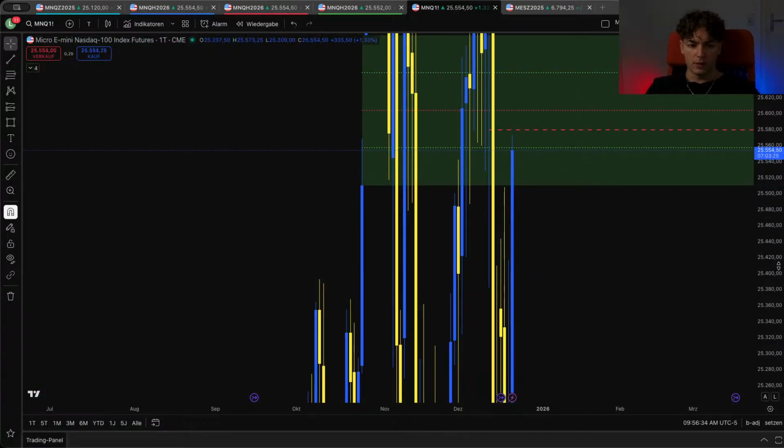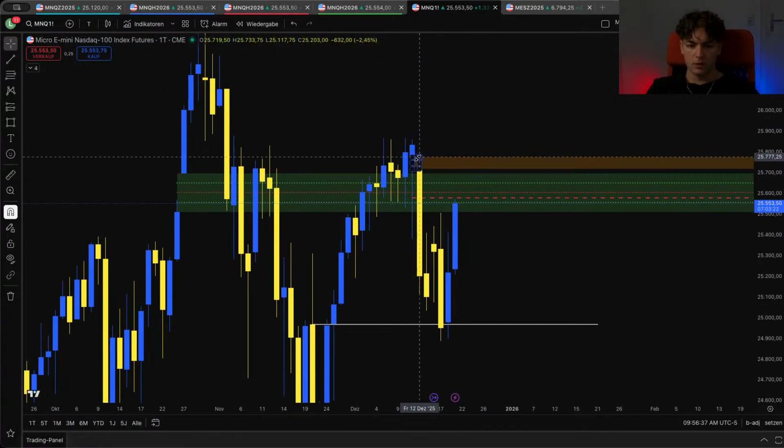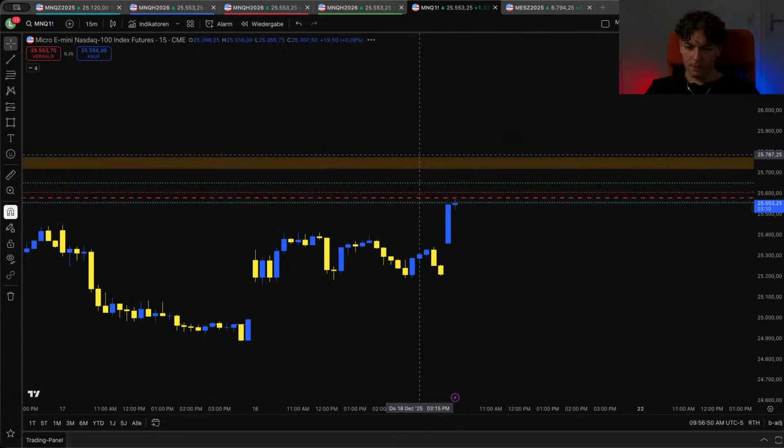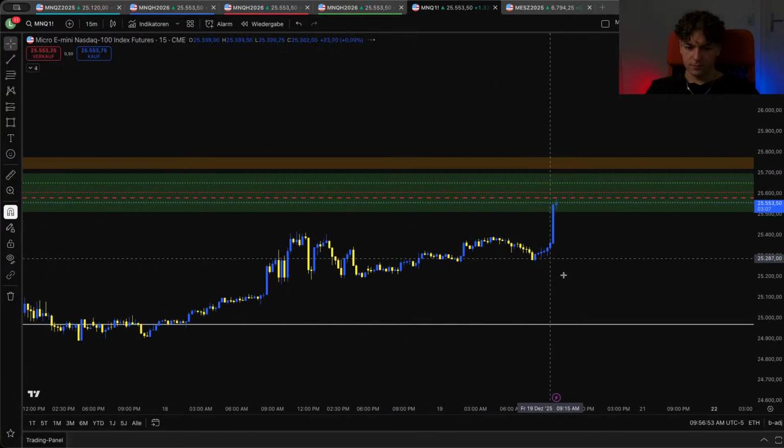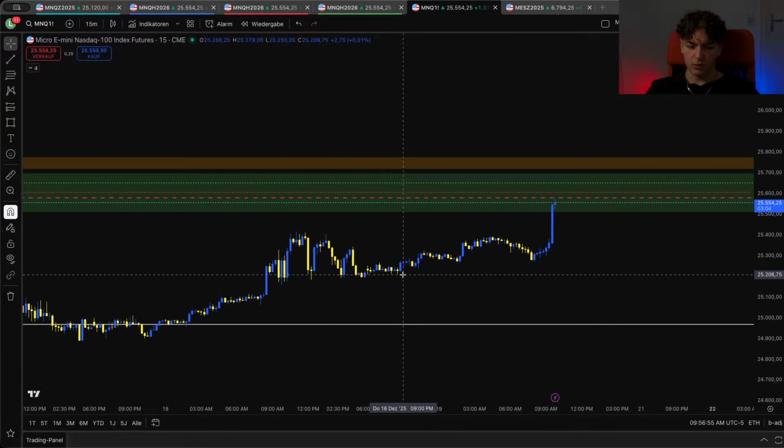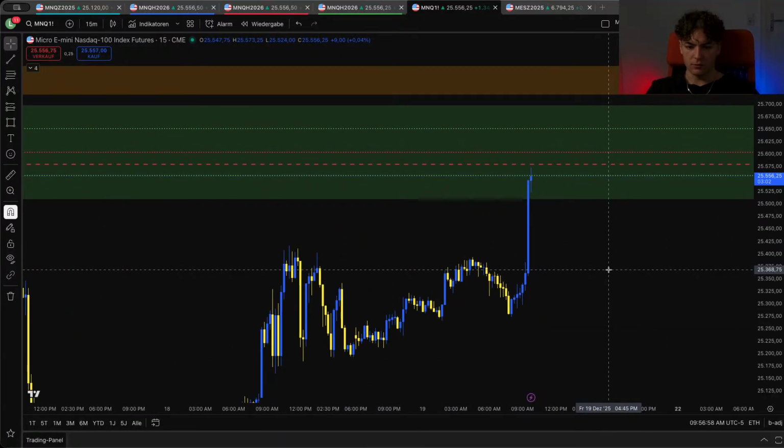The daily volume imbalance on the upside and these relatively equal lows on the downside on the intraday chart. So I definitely don't want to force any trade.